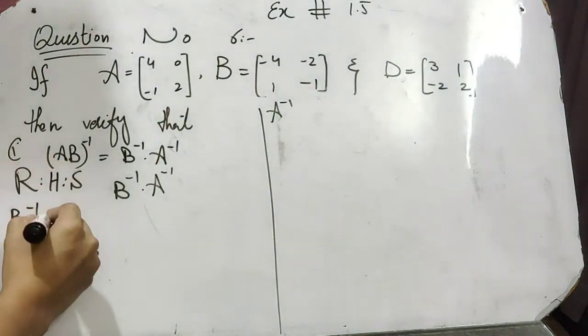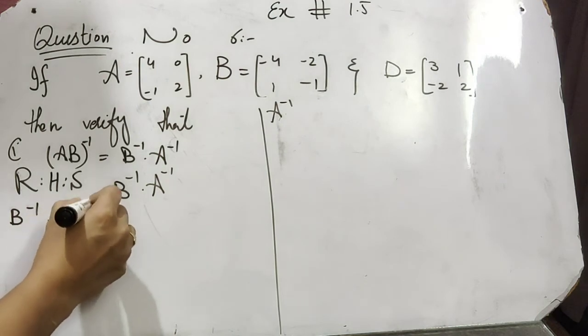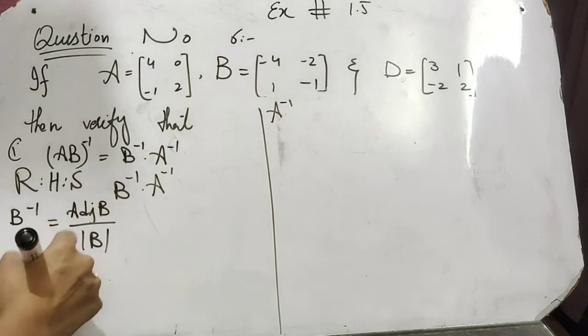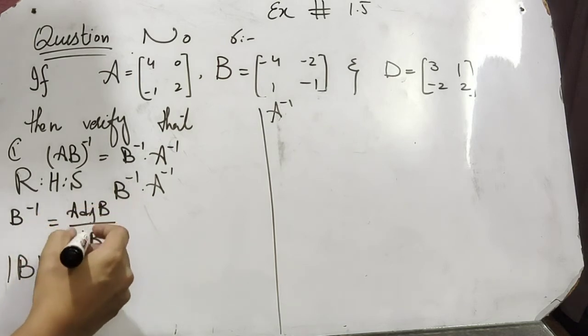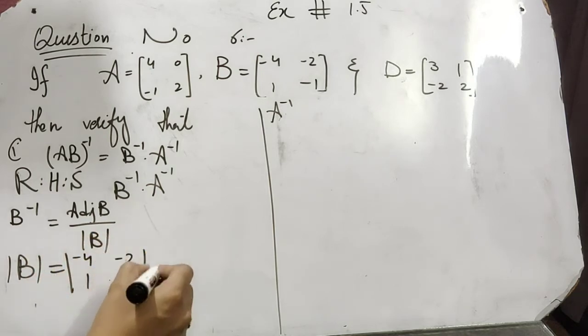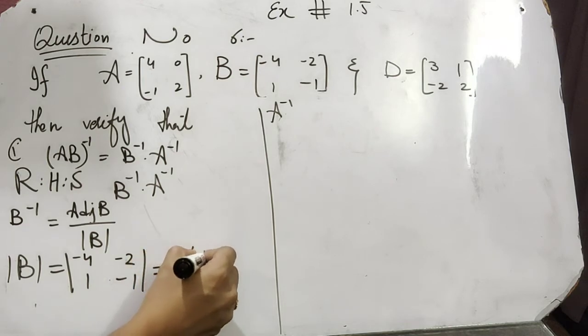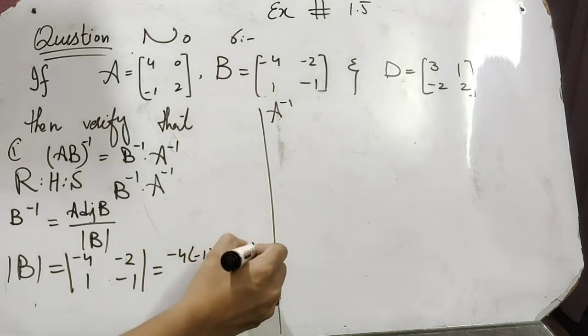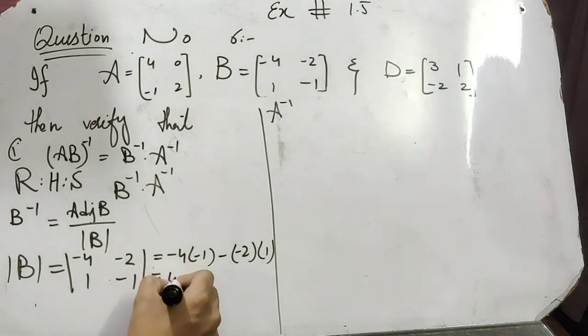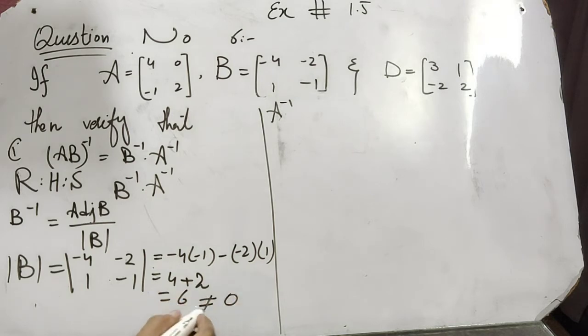So B inverse will be equal to the adjoint of B over the determinant of B, and first we solve the determinant of B. It will be equal to minus 4 into minus 1 minus minus 2 into 1, and it will be equal to 4 plus 2, which is equal to 6. 6 is not equal to 0, so we can find B inverse.